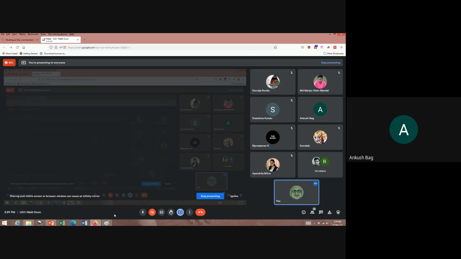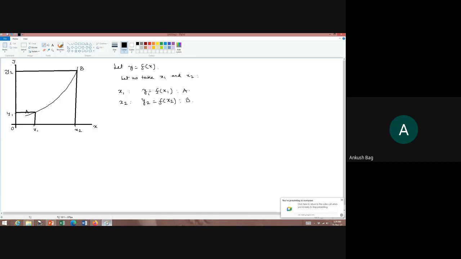Now we take a third point. Let us call this x bar. And this x bar lies between x1 and x2. So x bar is located at some point over here in this interval.